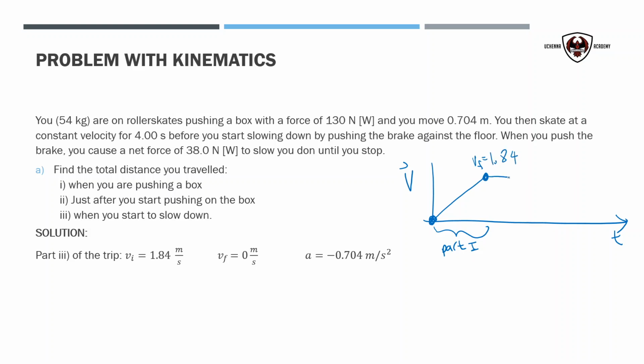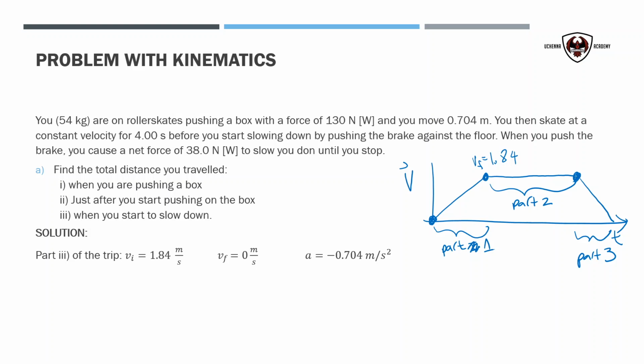Now it's actually not going to change at all for the second part of the trip, and then this here, the part 2 of the trip, when I'm not pushing on the box anymore. And then here's my part 3 of the trip, right? Part 3 here. Mixed up Roman numerals and regular letters. Okay, so part 3 of the trip is here.